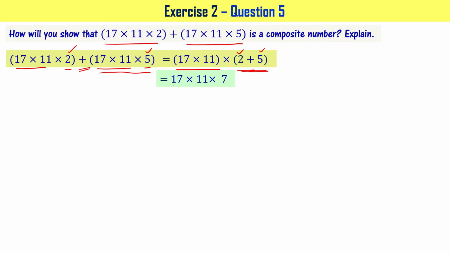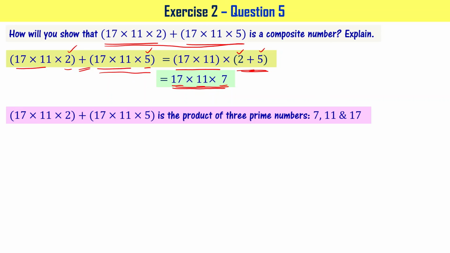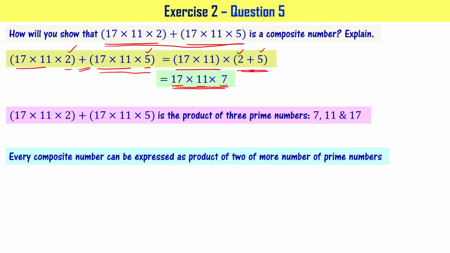All these are prime numbers. The given number, now we have seen that it can be written as product of 3 prime numbers, 17, 11 and 7, right? It is product of 3 prime numbers. It means these 3 numbers are the prime factors for the given number, right? And we know that every composite number can be expressed as product of 2 or more number of prime numbers.